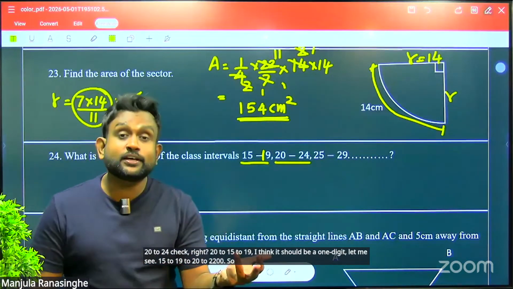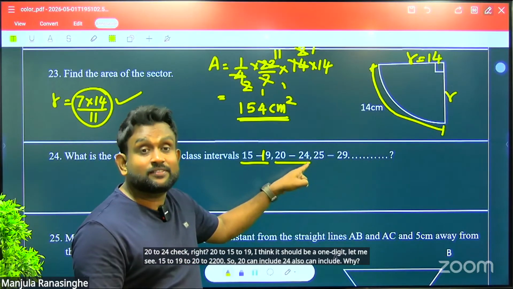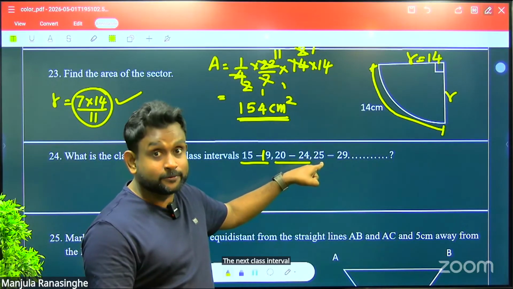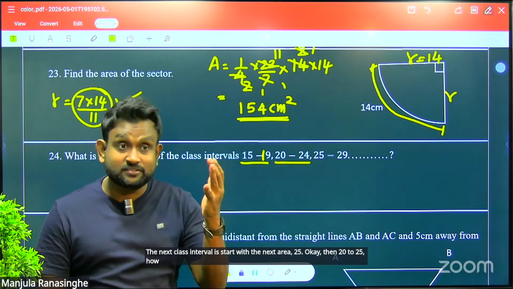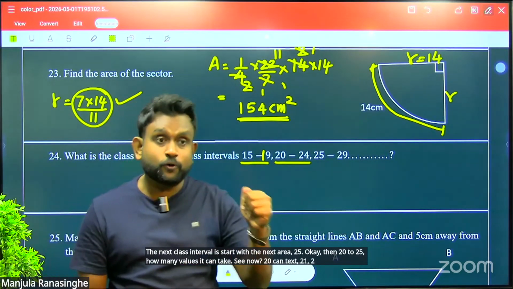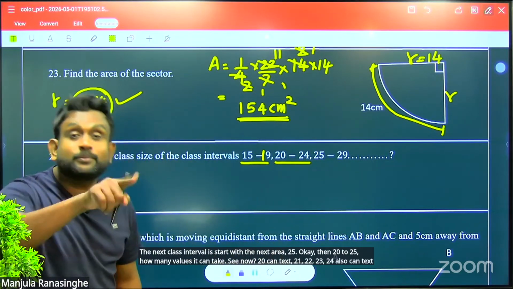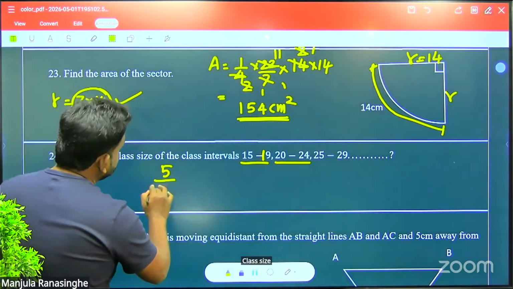So 20 can be included, and 24 can also be included. Why? The next class interval starts with the next value, 25. Then for 20 to 25, how many values can it take? See now, 20 can take 21, 22, 23, and 24 also can be taken. Both terminals can be taken. That means class size is 5.